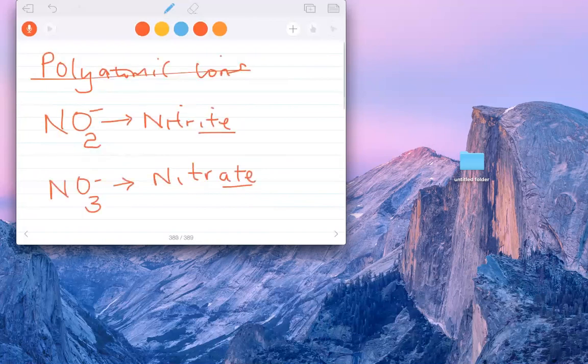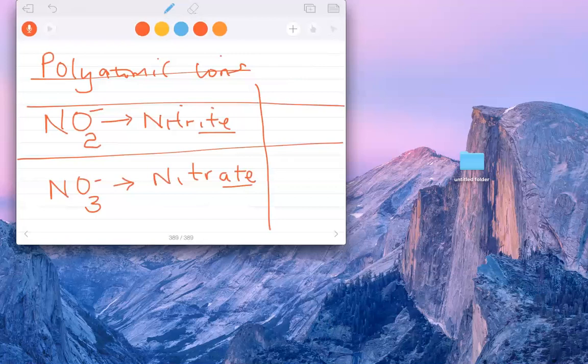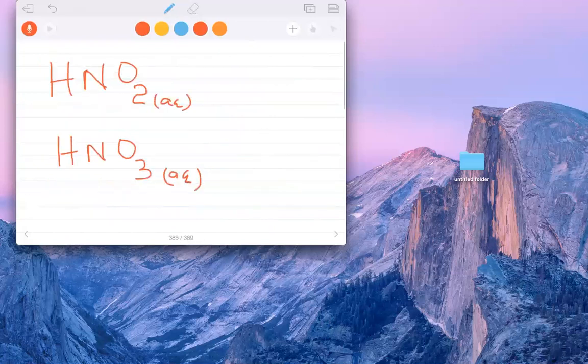For acids, if the polyatomic ion ends with ITE, the acid will end with OUS. If it ends with ATE, it will end with IC. So this will be named nitrous acid, and this will be named nitric acid.